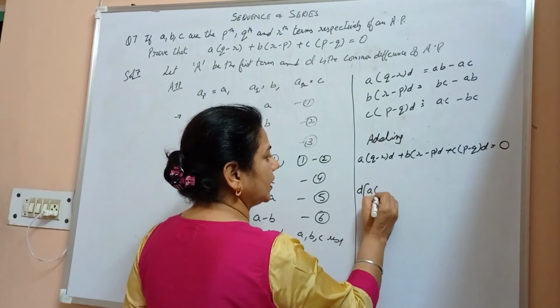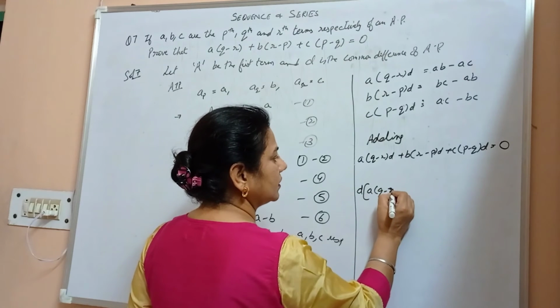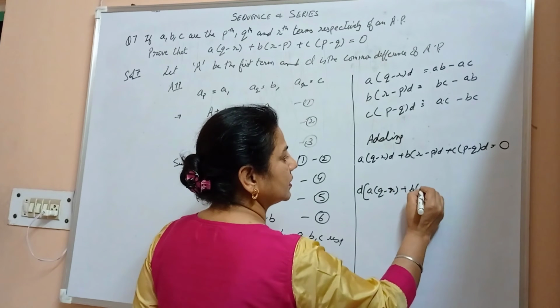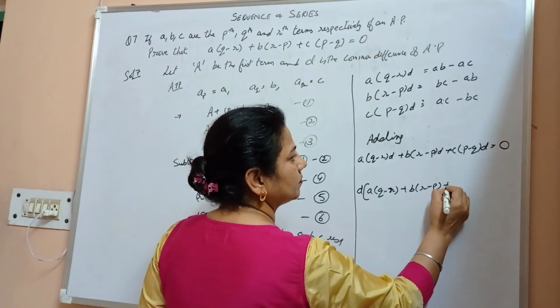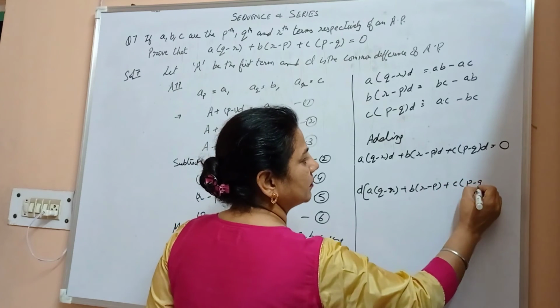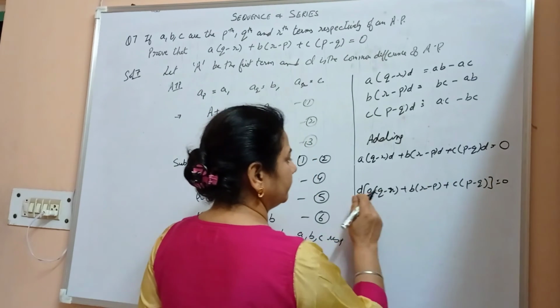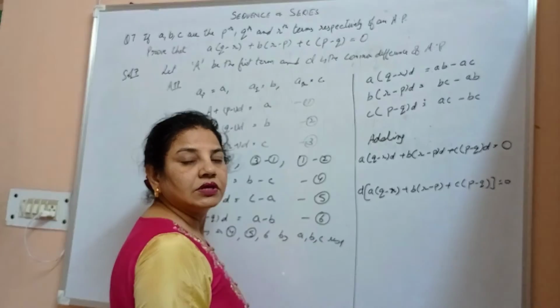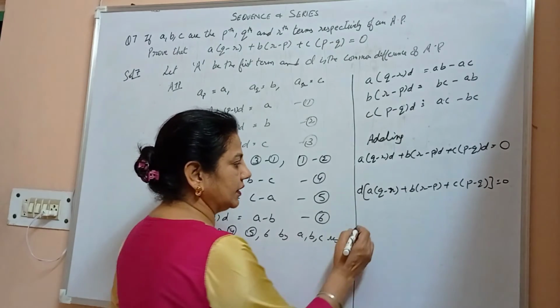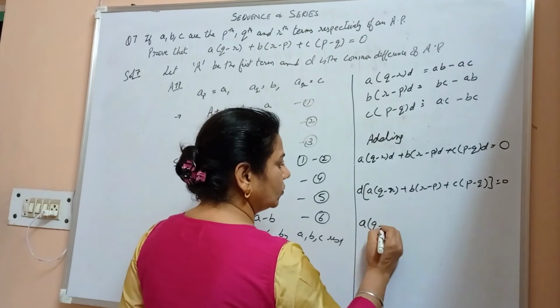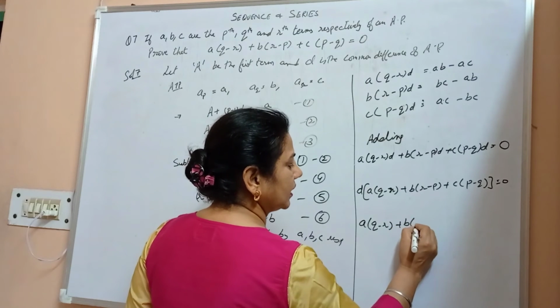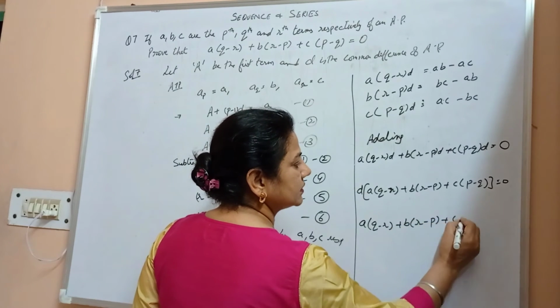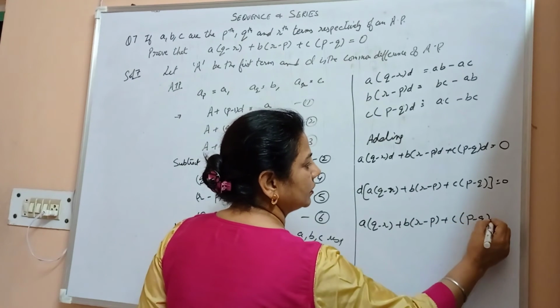What should I get? A times (Q minus R) plus B times (R minus P) plus C times (P minus Q) equals 0, when divided by D, since 0 divided by anything is 0. So I will be left with A(Q minus R) plus B(R minus P) plus C(P minus Q) equals 0.